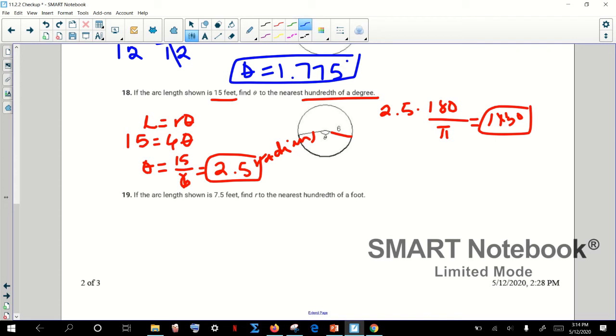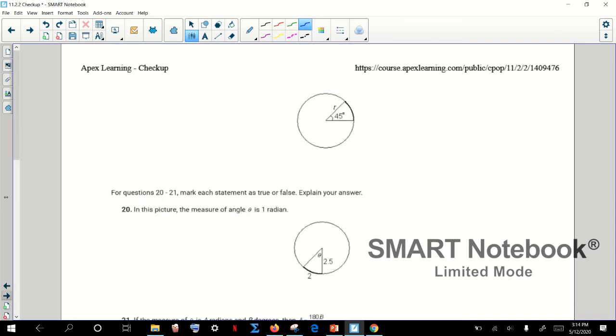Alright, let's see. Number 19. The arc length shown is 7.5 feet. We need to find the radius. So, looks like this one got cut off. My arc length is 7.5, so 7.5 is equal to r times theta, which is 45 degrees. But remember, 45 degrees is equal to pi over 4.